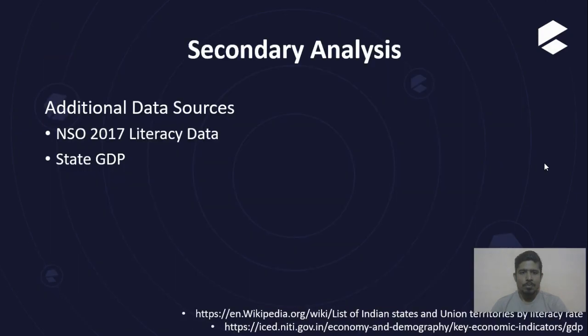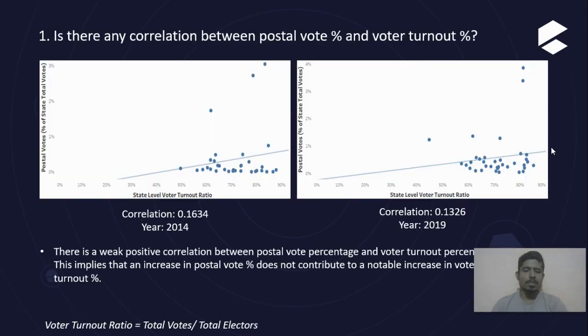Now, moving on to the secondary analysis queries, the very first query of the secondary analysis is: is there any correlation between postal vote percentage and voter turnout percentage? So there is a weak positive correlation between these two, of 0.1634 in the 2014 Lok Sabha election and 0.1326 in the 2019 Lok Sabha election.